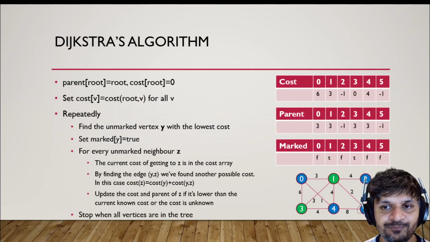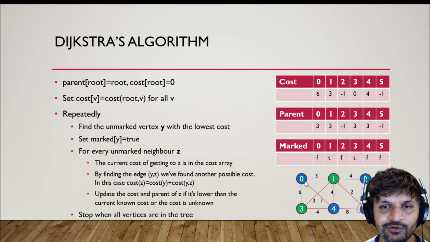Okay, so 1 is in the tree right now. When I look at this edge that it has, 1, 0, that implies that now there's a path there. Because if I wanted to get from 3 to 0, I could go from 3 to 1 and then 1 to 0.